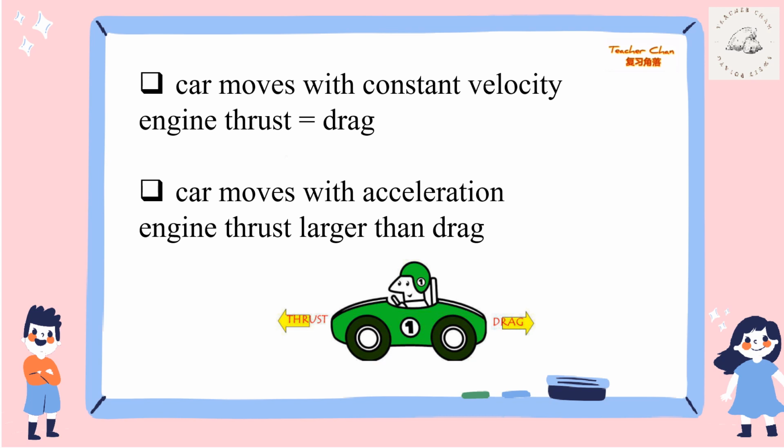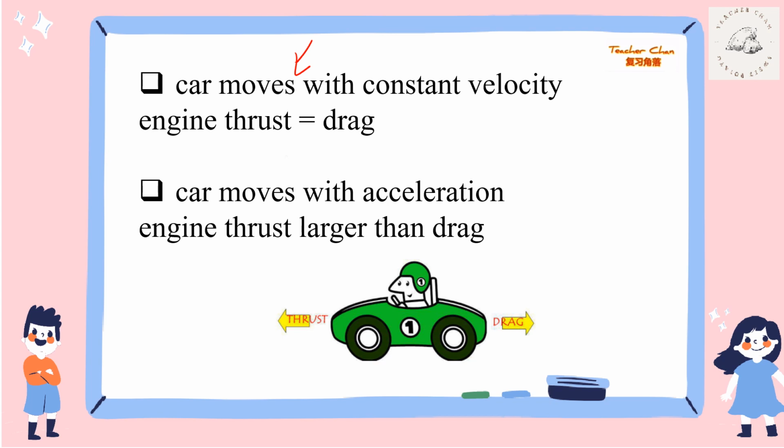One example: when the object is in equilibrium, it has equal forces. When the car moves with constant velocity, the two forces acting on the car are the engine thrust and the drag.